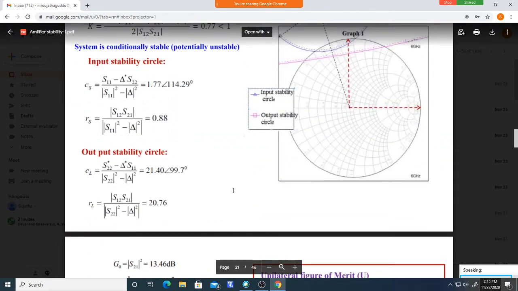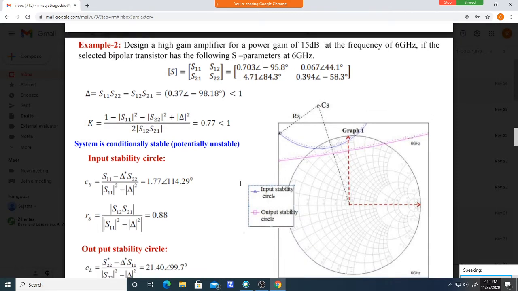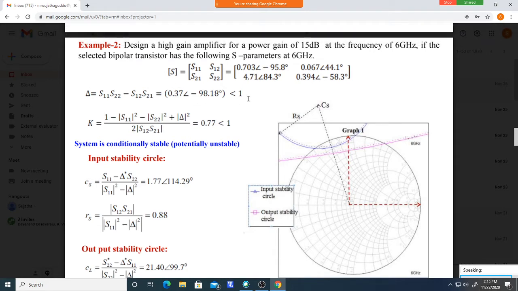Next, once that testing is over, you should calculate the stability of the amplifier. To check the stability, we have to get the delta value and the k value. For this particular problem, using this equation, delta is less than 1.